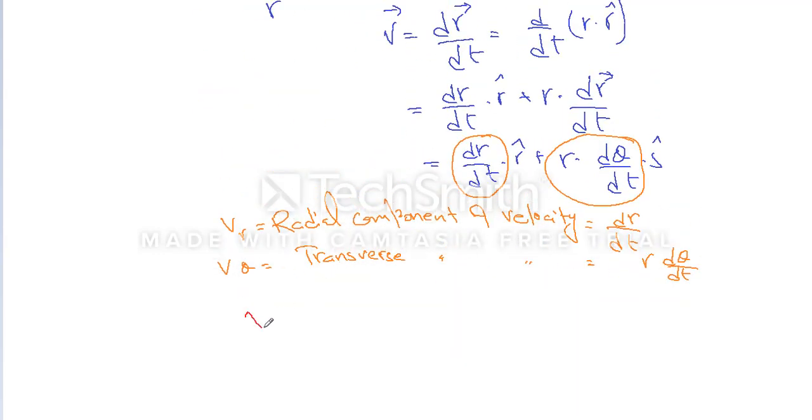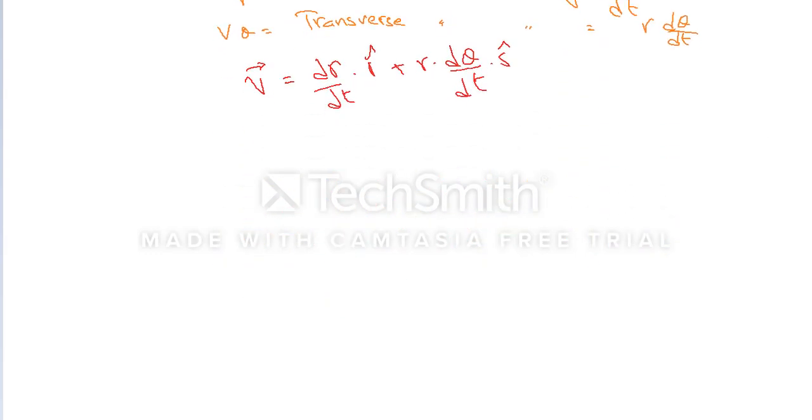So the velocity is equal to dr by dt into r unit vector plus r dθ/dt into s unit vector. As we know that acceleration is equal to change of velocity with respect to time, so we can take the derivative with respect to time of this whole term.